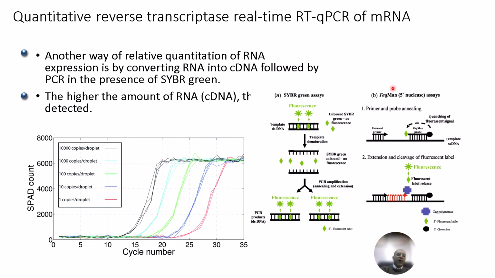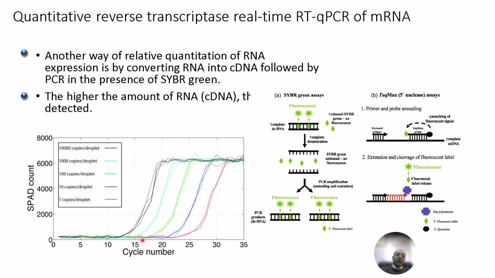So here we have different samples right here. Okay, and notice that we have 1, 2, 3, 4, 5 different samples, and this one here is detected. We are looking at the what? At the threshold cycle, the CT cycle, the cycle where the signal is detected. So right here, the RNA or the cDNA is detected at cycle, let's say 13 or 14. This one here is detected at cycle 16. Okay, what does that mean?